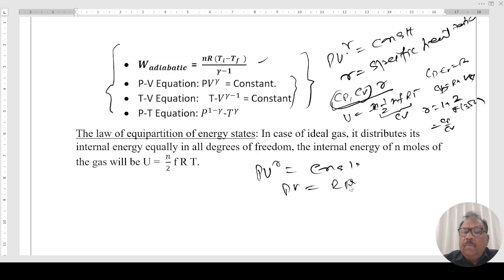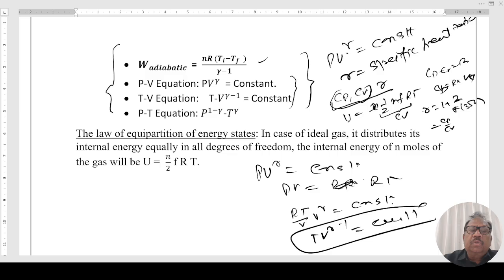P equal to nRT upon V. Eliminating P, we get RT upon V^gamma equal to constant. Now, TV^(gamma minus 1) equal to constant. This relation has come, TV^(gamma minus 1).